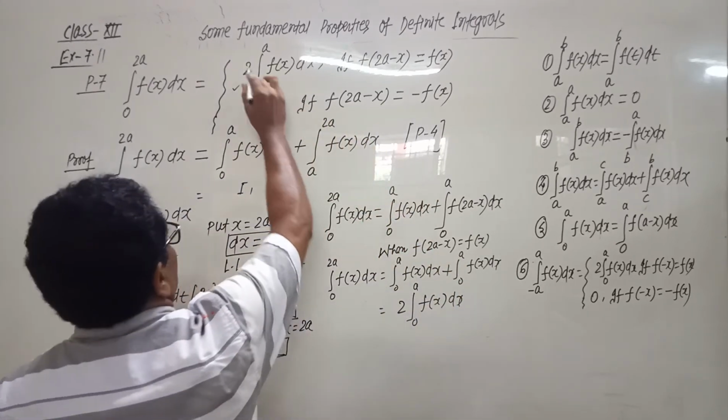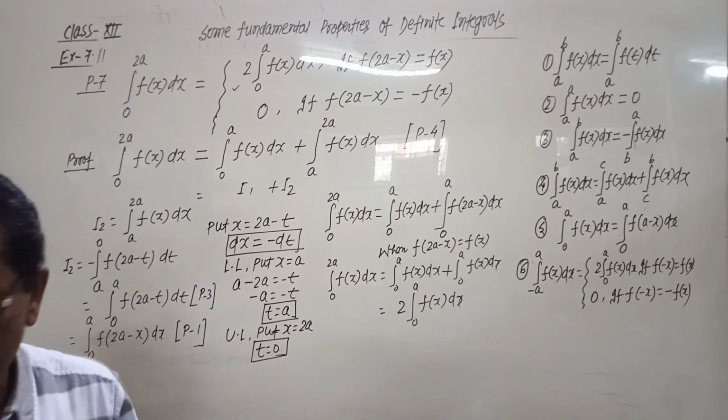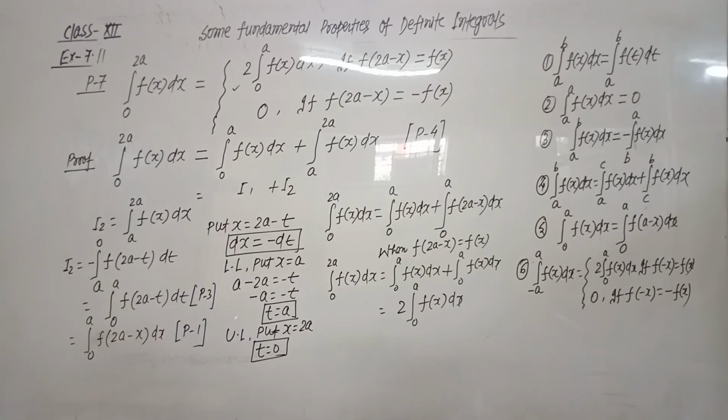The first part is twice integration 0 to a f of x dx if f of 2a minus x equals f of x.